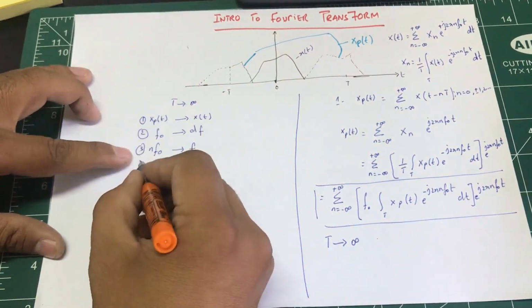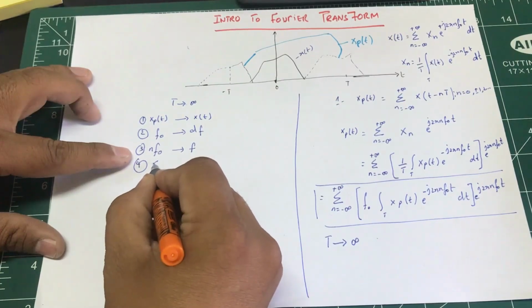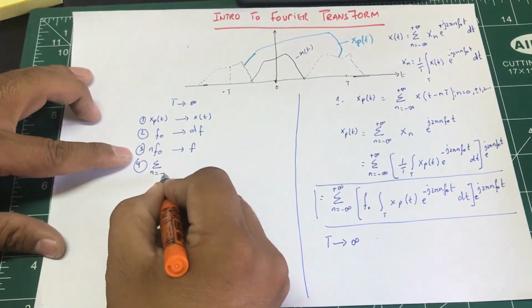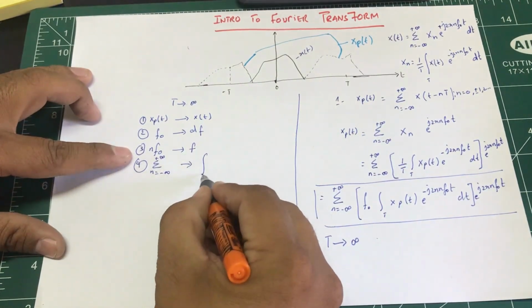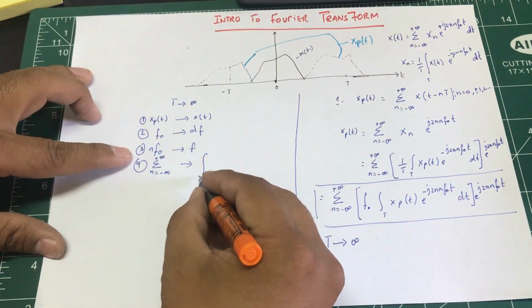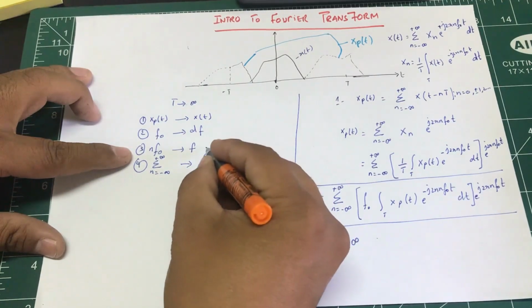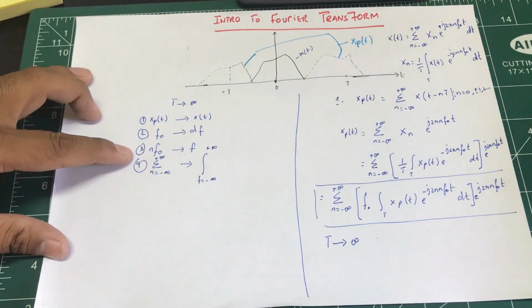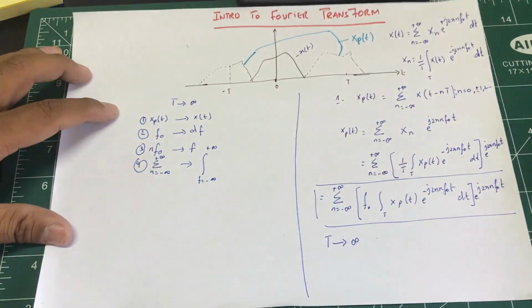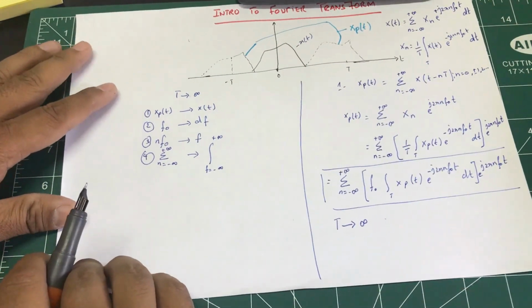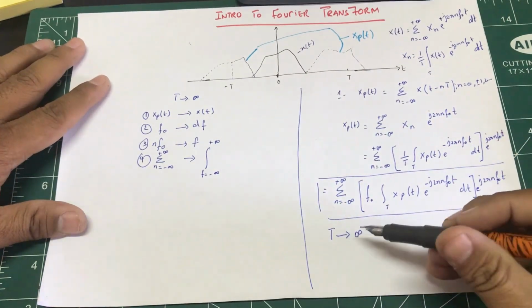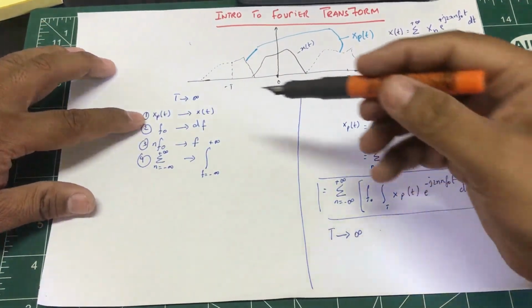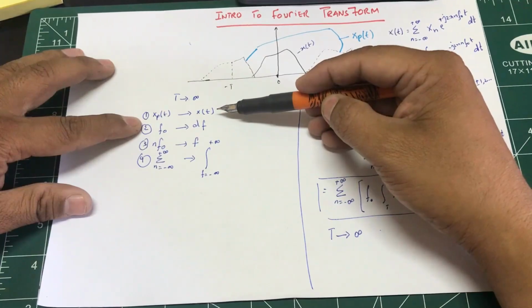And the fourth thing is, when T gets bigger, the summation going from negative infinity to positive infinity will change into an integration from negative infinity all the way up to positive infinity. These are the couple of things that will take place. When T is getting bigger and bigger, this periodic extension will become your actual signal.